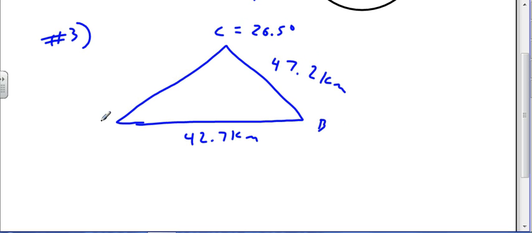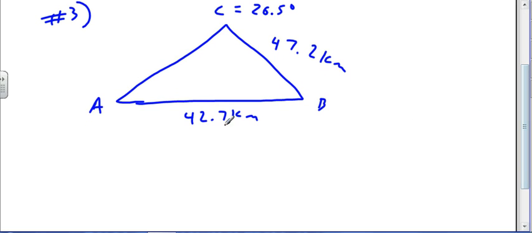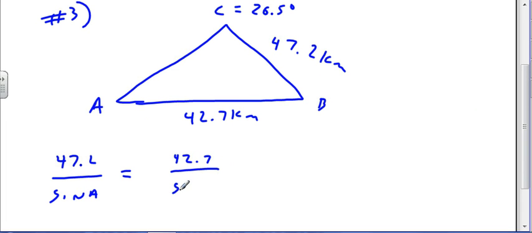And here's B, and there's A. Okay, so I say, well, that being the case, 47.2 divided by the sine of A is equal to 42.7 divided by the sine of 26.5.